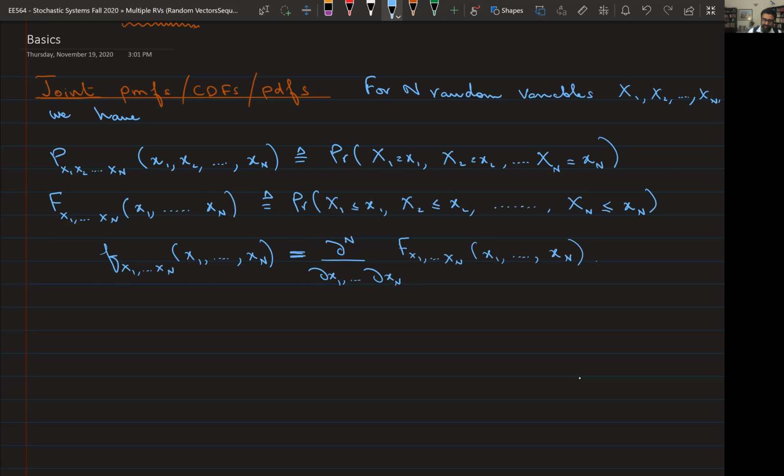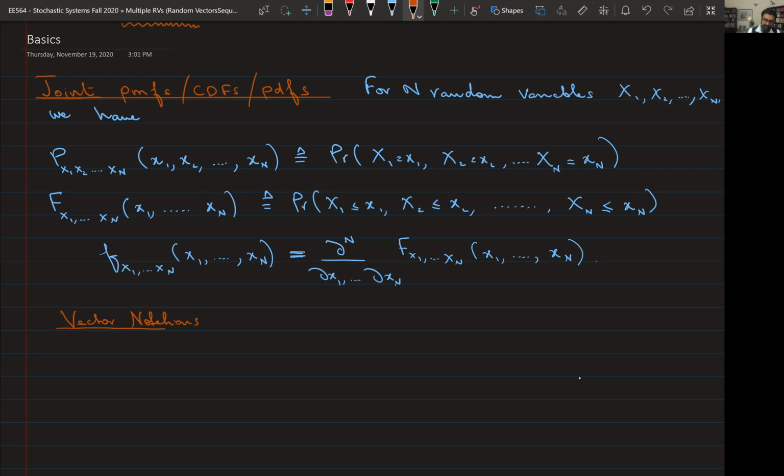Okay? Now, as you can see, this becomes quite cumbersome to write. I mean, all of these things together, right? So that's why we typically use vector notations. And that's why when we're talking about multiple random variables, we often refer to them as random vectors, because random vectors are nothing but a collection of multiple random variables put together. So vector notations, we're going to keep on using from here on.